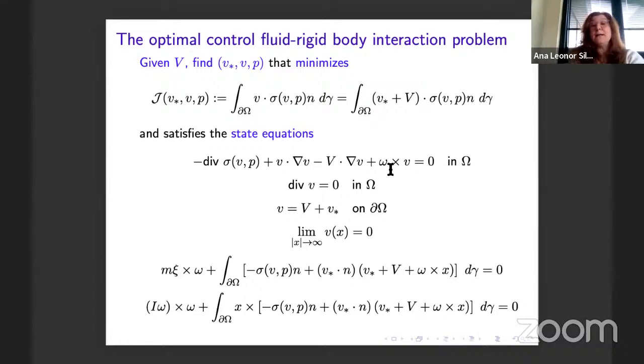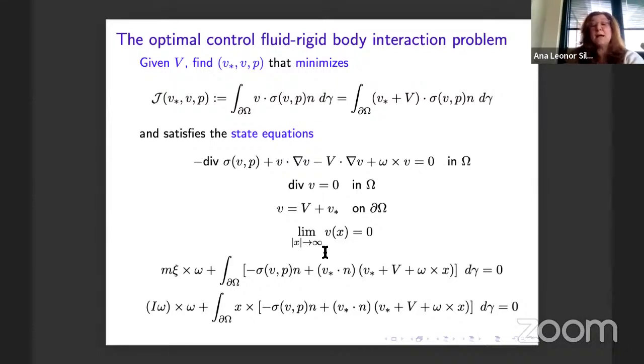When we are working in an exterior domain, since most times we solve the Navier-Stokes equations by means of a fixed point approach, in which in the first step we can assume that this nonlinear term is fixed and given, we will have to understand very well the mathematical properties of this generalized Oseen system. Here we are imposing that the fluid is at rest very far away from the rigid body.